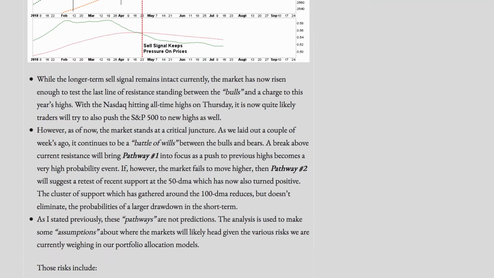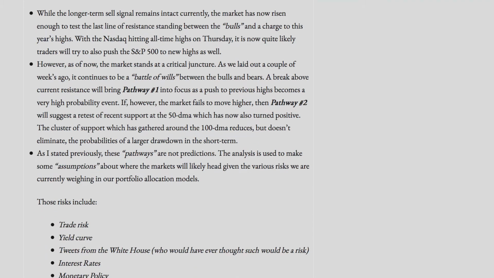However, as of now, the market stands at a critical juncture. As we laid out a couple of weeks ago, it continues to be a battle of wills between the bulls and bears. A break above current resistance will bring pathway number 1 into focus, as a push to previous highs becomes a very high probability event.